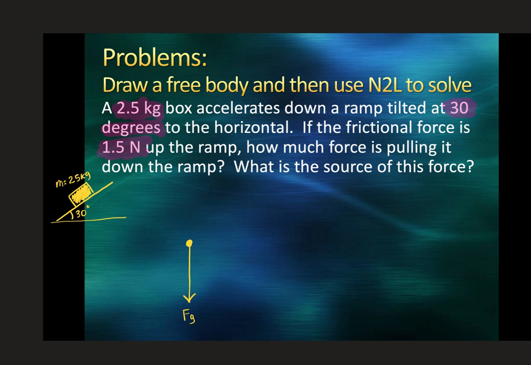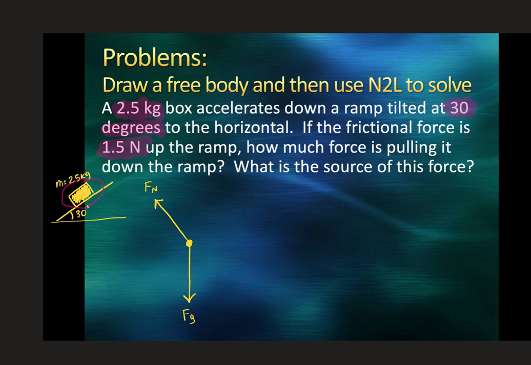And then I am going to go ahead and draw in any contact forces I have. Now, if I circle that box, the only thing touching is that surface, the ramp and the box. And so I'm going to have a normal force. I'm going to eyeball it at 90 degrees to the angle of the ramp. That will be my normal force.